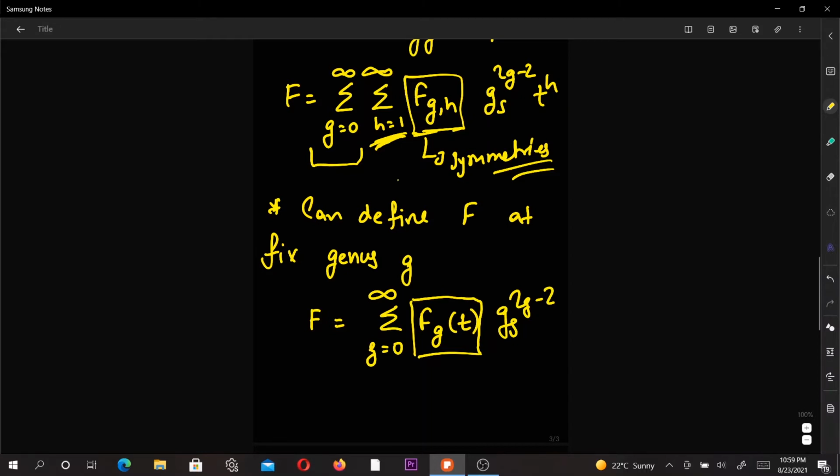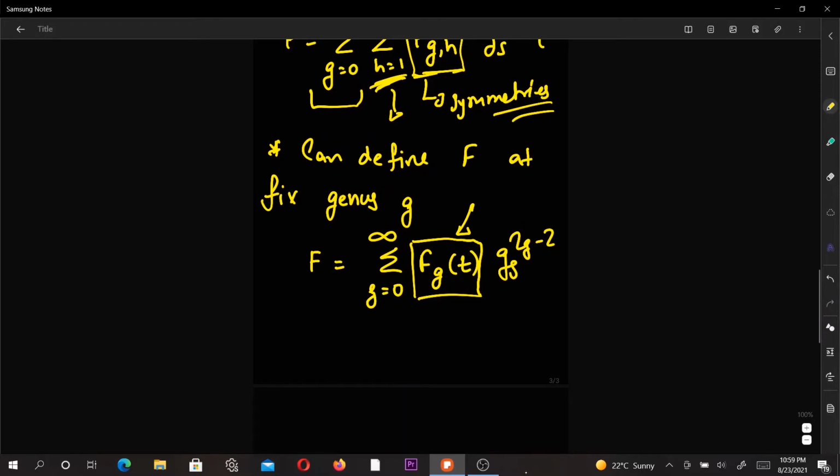For example, at genus 0, we'll have 0 holes plus genus 0 scenario. So F_0 would look something like F_0,1 plus F_0,2 and so on. So we have basically done the H summation and absorbed everything into this factor.